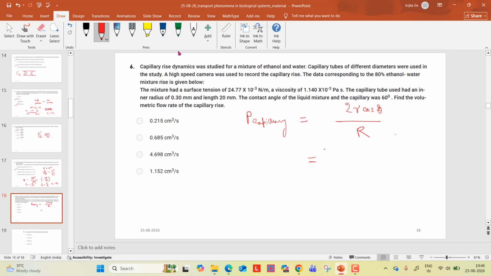So it is coming as 2 into gamma is 24.77 into 10 to the power minus 3. This is cos 60 degree divided by r is your 0.3 millimeter. That means 0.3 into 10 to the power minus 3. Okay, so what is the capillary coming?